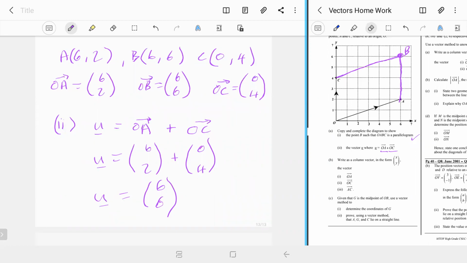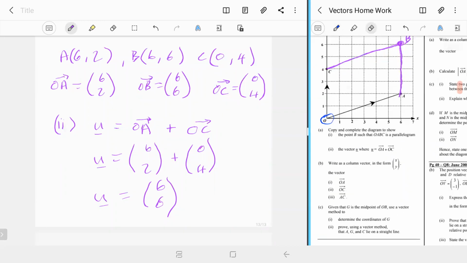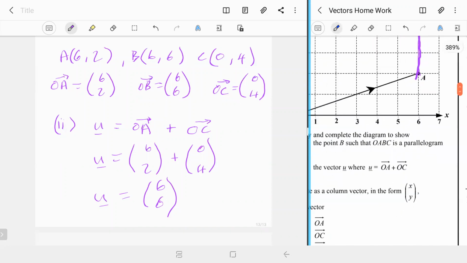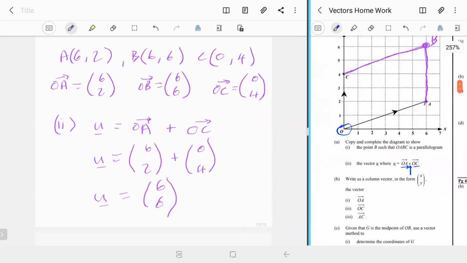Since this starts at O, the U must also start at O. Because remember, guys, this vector equation right here means O to A and then O to C. But remember that this OC is this OC, so you have to move the tail of this over to here and put it there.